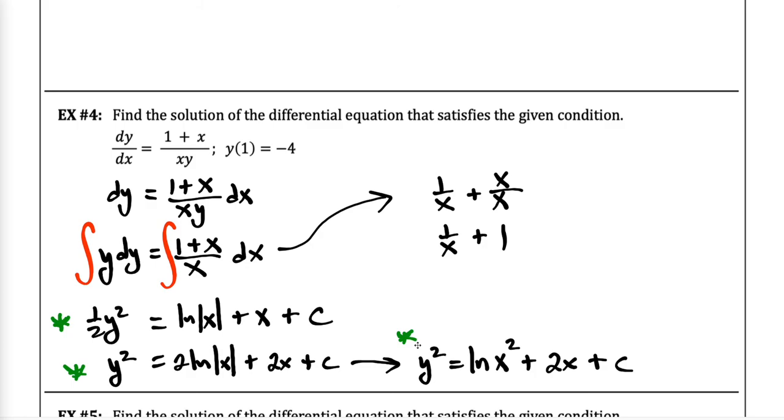Okay, Aiden, are we done? I guess that we should probably ask that. No, we have to satisfy the conditions. True, what does that mean? We have to coordinate 1 for y. Yeah. So we want to figure out C. That's a really weird way of writing that, though. Y of 1. So that means we put 1 in place of x and get -4 as an answer.